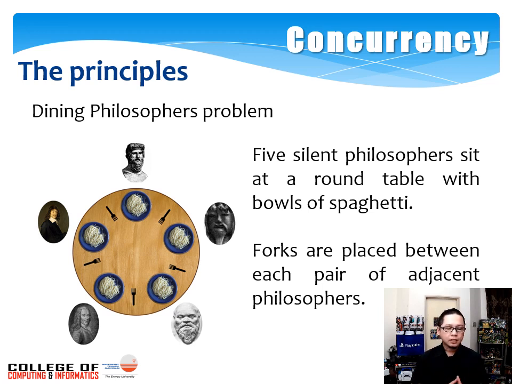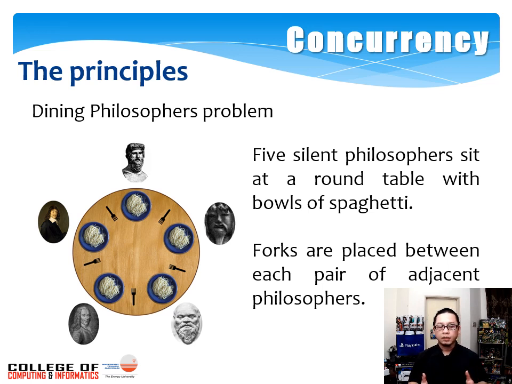So the process here is the philosopher, the code is the spaghetti, and the resource is the forks. In order to finish the spaghetti, they must work together and give way to one another so that every one of those philosophers can eventually finish the bowl of spaghetti.